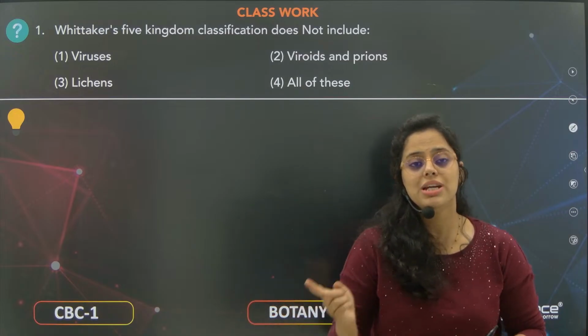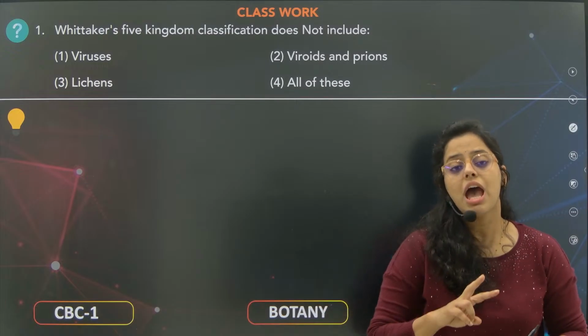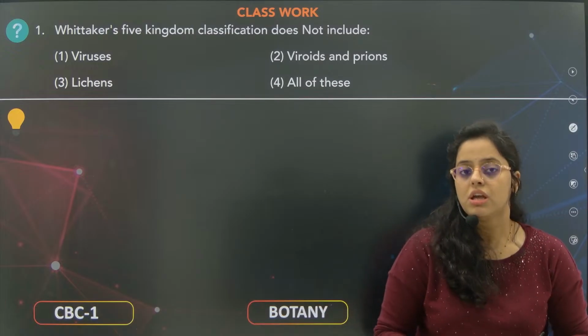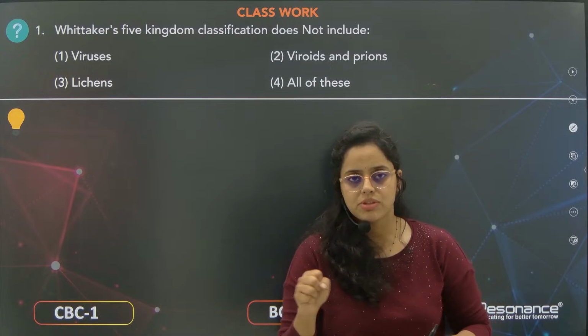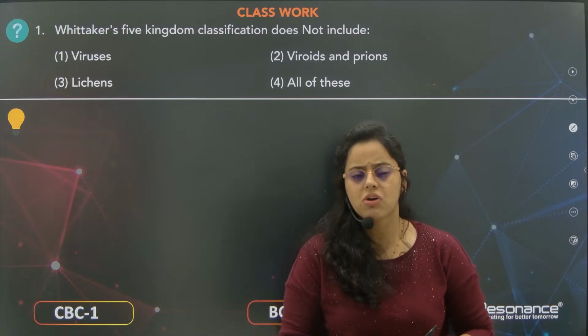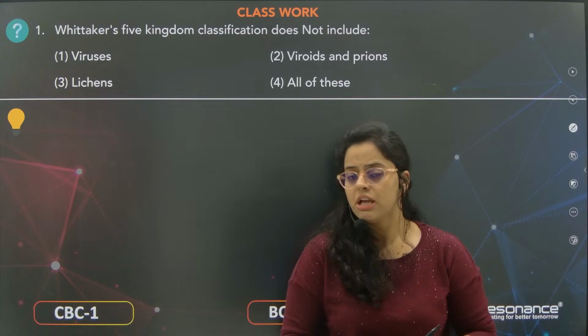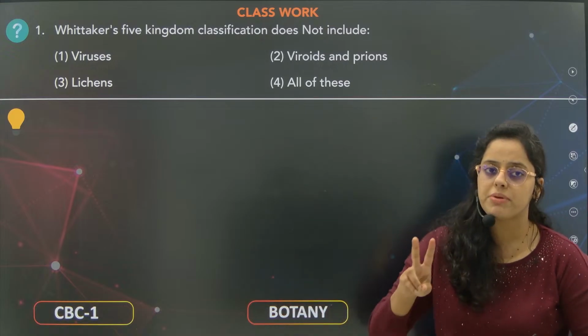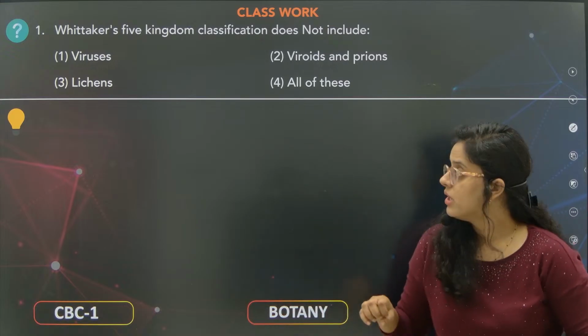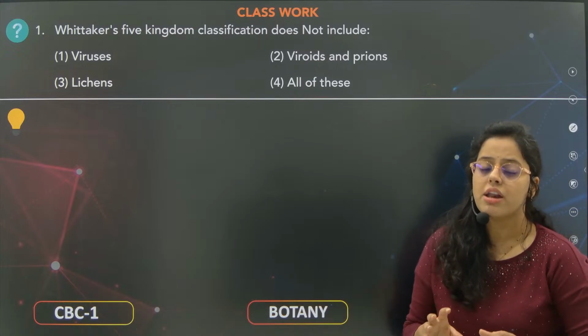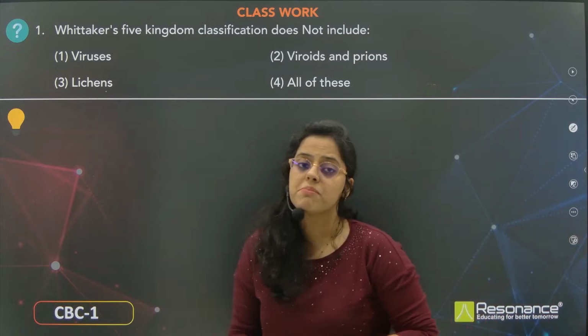Now coming back to lichens, lichens have 2 components, the fungal component and the bacterial or algal component, right? Phycobionts and mycobionts, 2 components. These 2 components are a result of a symbiotic relationship.